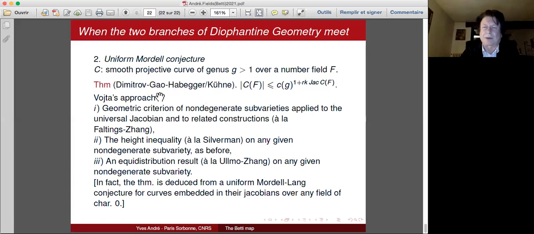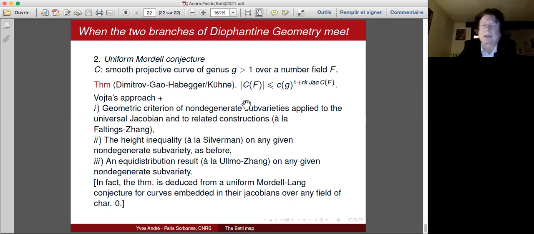A very recent theorem, due to the concatenation of two results of Dimitrov, Gao, Habegger, and on the other hand Kühne, is that this number is bounded from above by some constant which depends only on the genus of the curve, G, up to the power 1 plus the rank of the Jacobian of the F-points of the Jacobian of C.